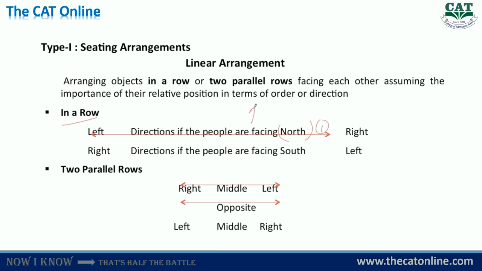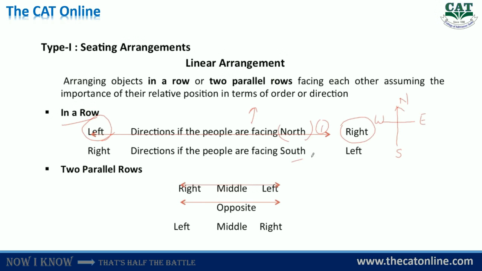If people are facing north, then this is a direction: north, south, west, and east. So if people are facing north, their left would be towards your left and right would be towards your right. It means any person who's facing north is facing the same direction where you are facing.